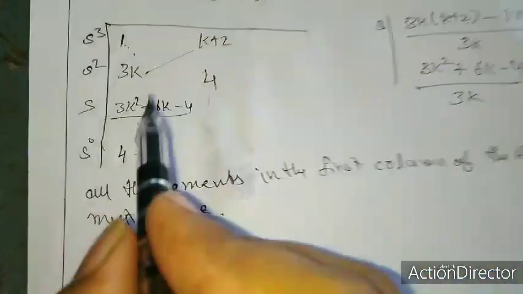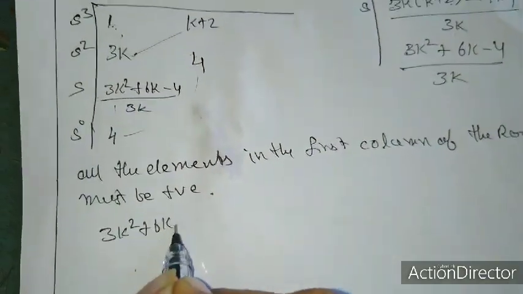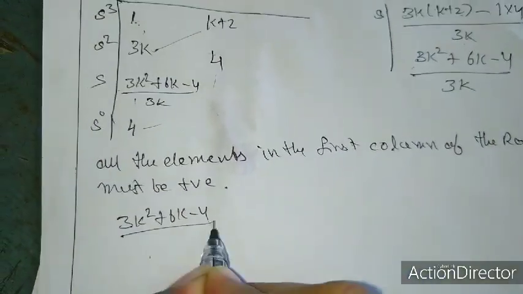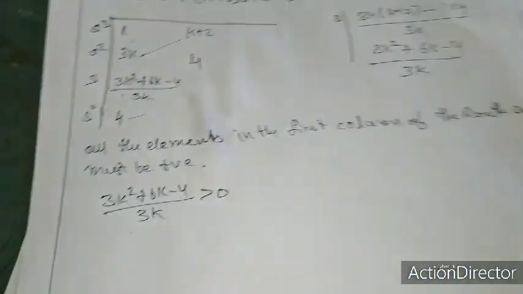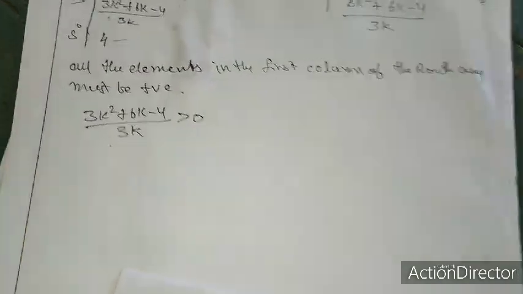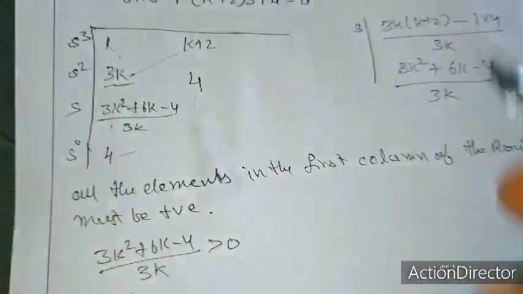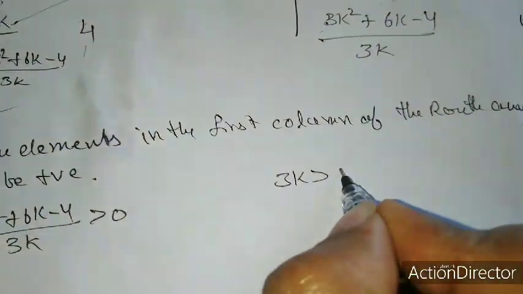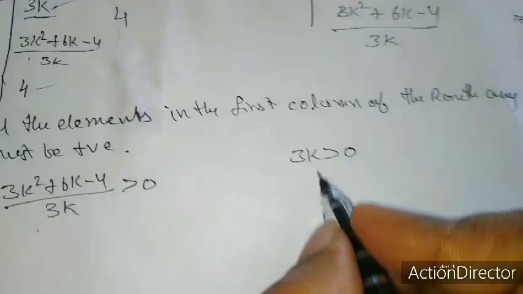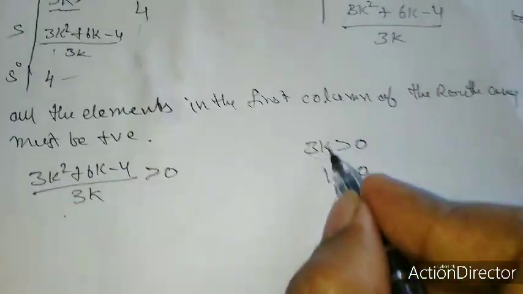So the meaning is that this term, 3k square plus 6k minus 4 by 3k, should be greater than 0 to make it positive. One more is that 3k is also there. So two conditions we have to check.